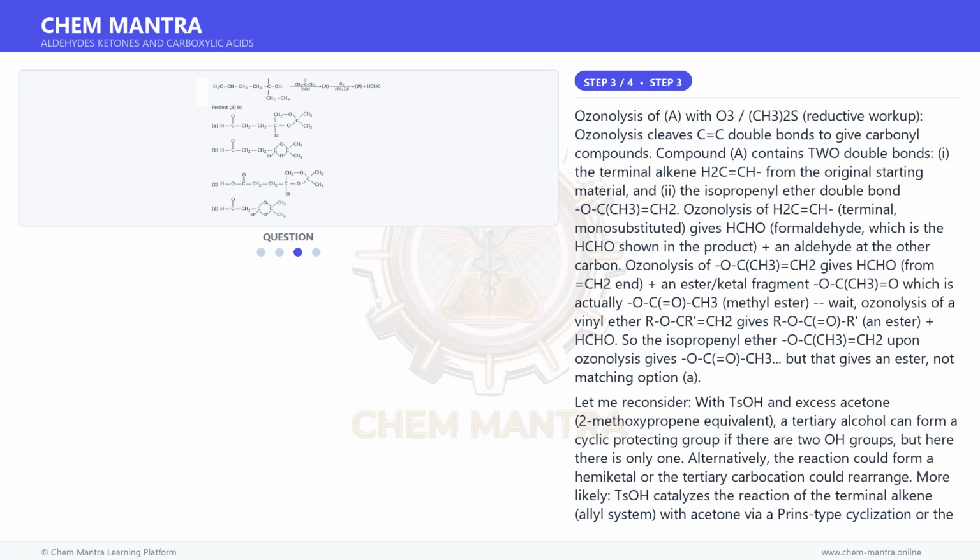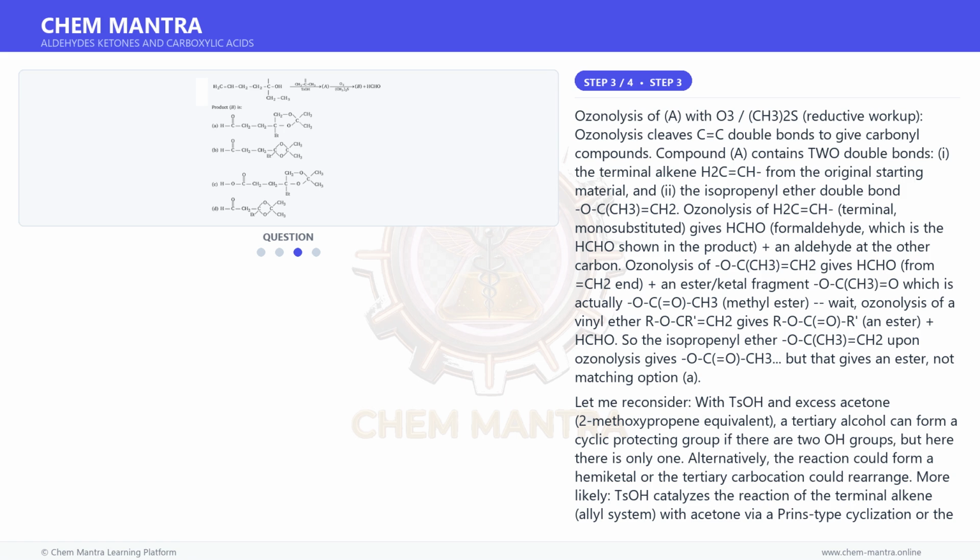Ozonolysis of the H2C=CH terminal, monosubstituted alkene gives HCHO, formaldehyde, which is the HCHO shown in the product, plus an aldehyde at the other carbon. Ozonolysis of OC(CH3)=CH2 gives HCHO from the =CH2 end, plus an ester fragment, OC(CH3)=O, which is actually a methyl ester.